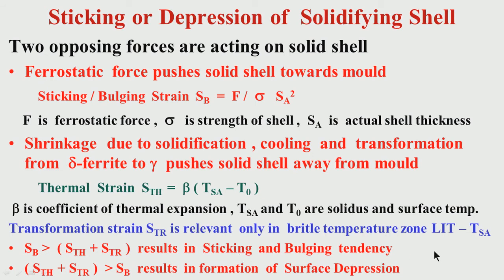This is very important. We should remember that all steels, depending on their chemistry, can be subdivided into two basic categories depending on whether the bulging strain is more or the shrinkage strain is more. If the bulging strain is more, we call it a sticking or bulging grade. Those grades will have inherent bulging and sticking tendency.